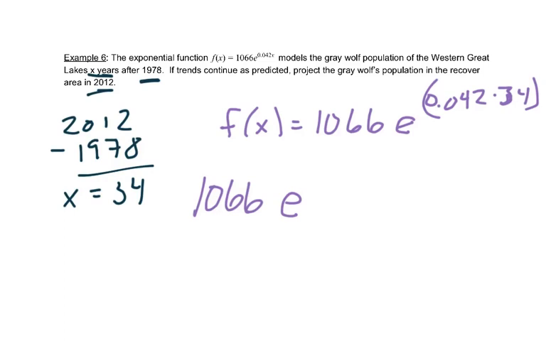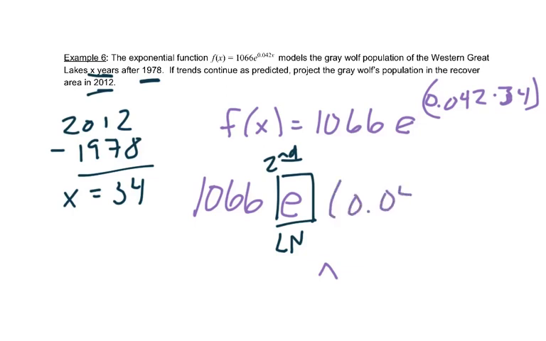You probably will have to do a second before you type it, and it's probably above the LN button. You'll see that it will put the power symbol on your screen, or it will pop up to the exponent spot ready for you to type your exponent. So you type in parentheses 0.042 times 34, close your parentheses.